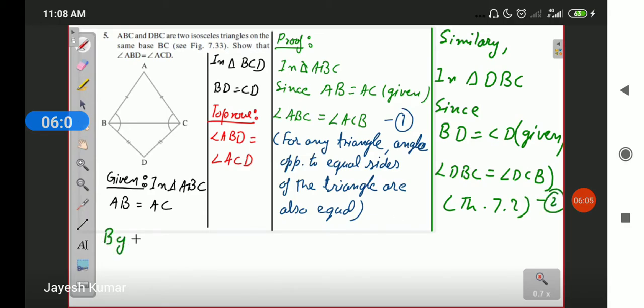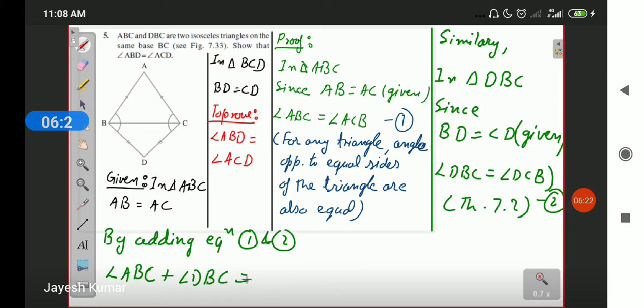By adding equation 1 and 2, we are adding equation 1 and 2. So on adding that, we will get angle ABC plus angle DBC should be equal to angle ACB plus angle DCB.